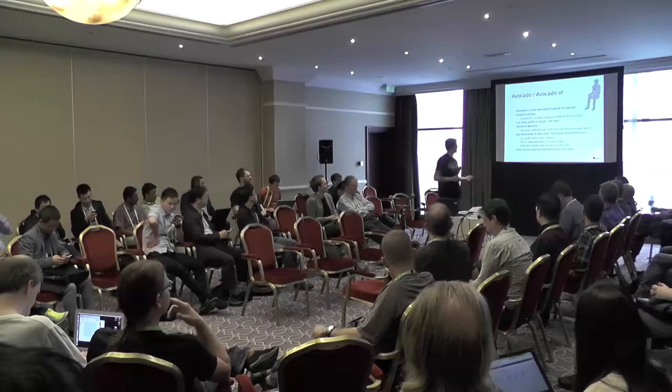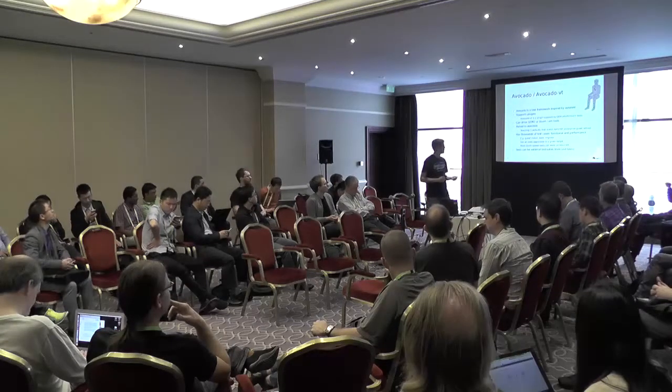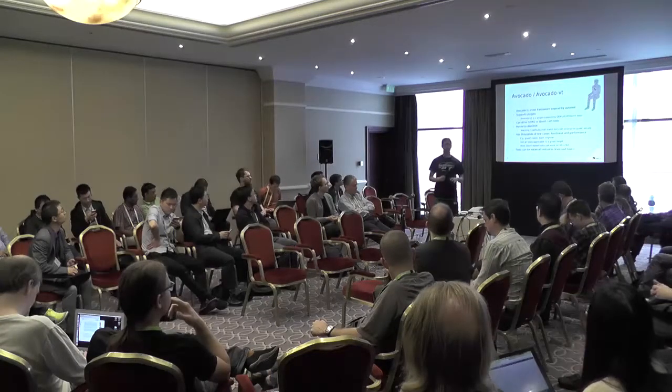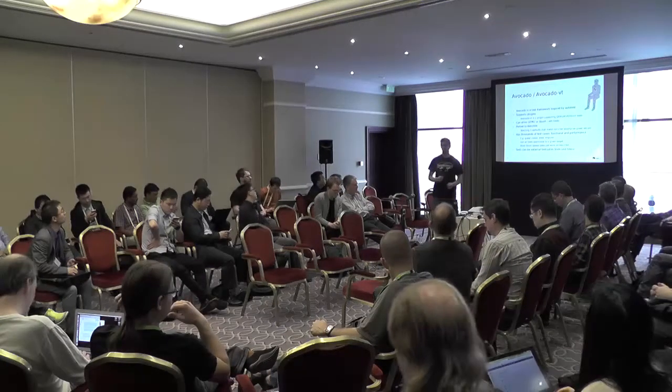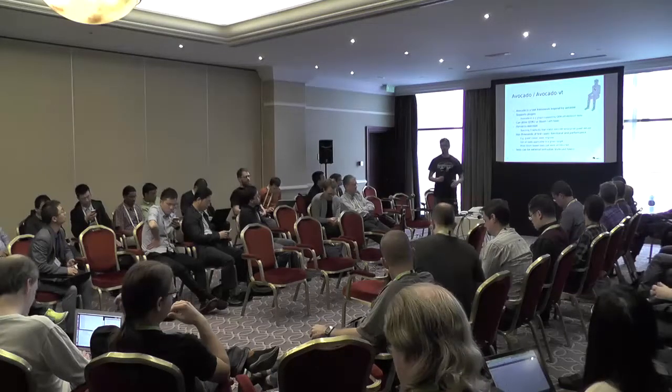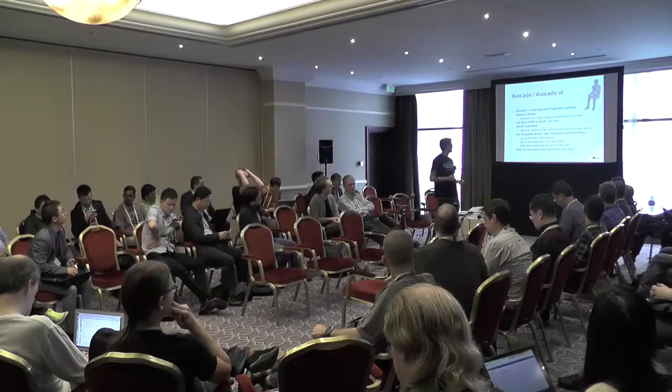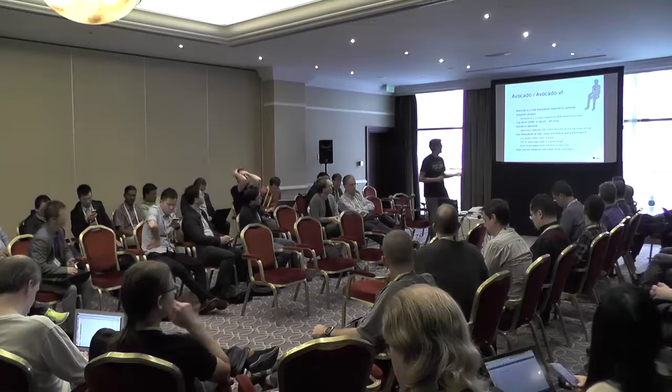For my preparation, I decided to grab Avocado VT. Avocado VT is the plugin that supports testing virtualization from libvirt down, the bits that we are interested in on our team.